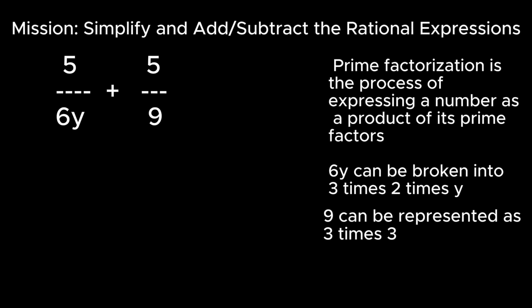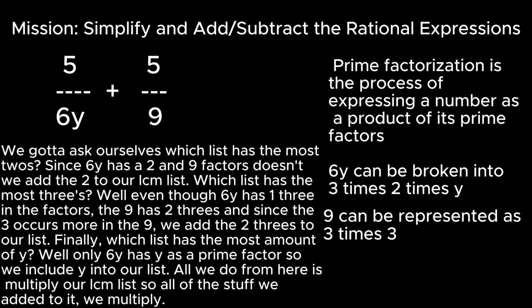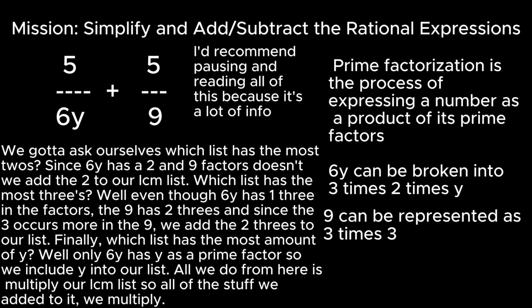What you want to do is look at your list of the factors and see which one of the lists has the most of a certain number. In this case, 6y has a 2, and the prime factorization of 9 doesn't have a 2, so we include that in our LCM list.